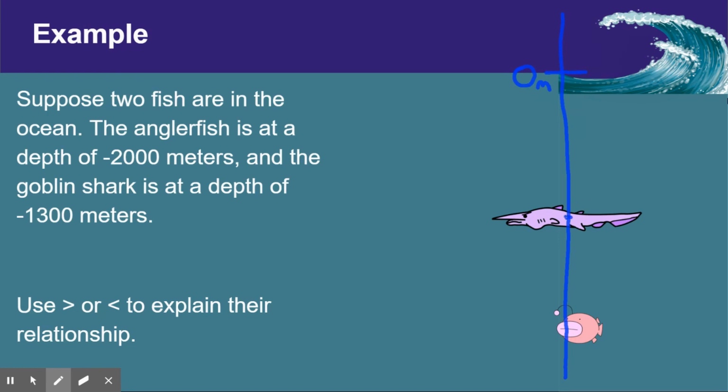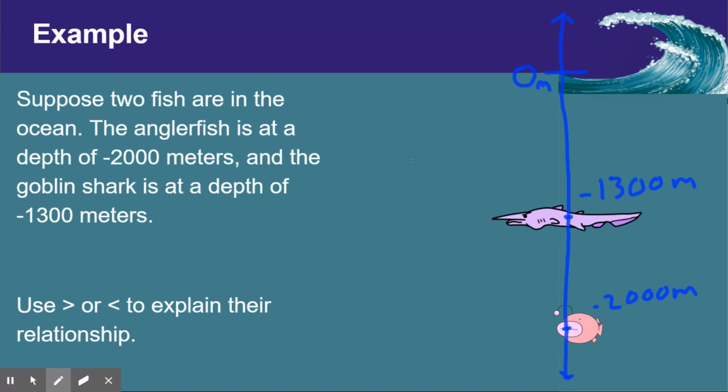And I'm not entirely sure this is perfectly to scale, but this will be negative 1,300 meters. This will be negative 2,000 meters. Now, to be fair, this is just going to help us figure out what's going on. It's not necessarily an absolute must, but it's a good place to get started at the very least.